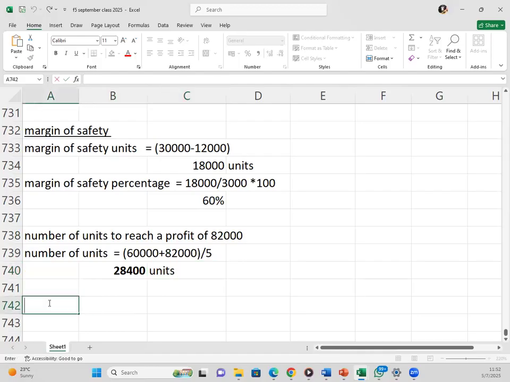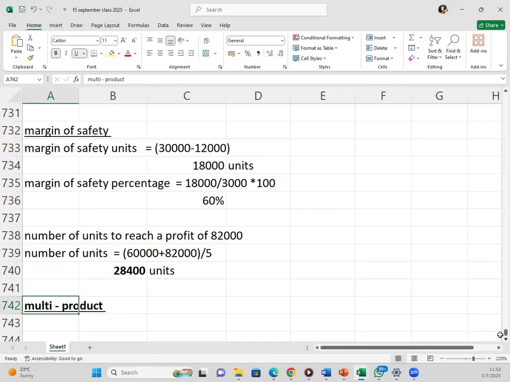Let's now get to a multi-product. So multi-product, this is where now you are dealing with more than one product.